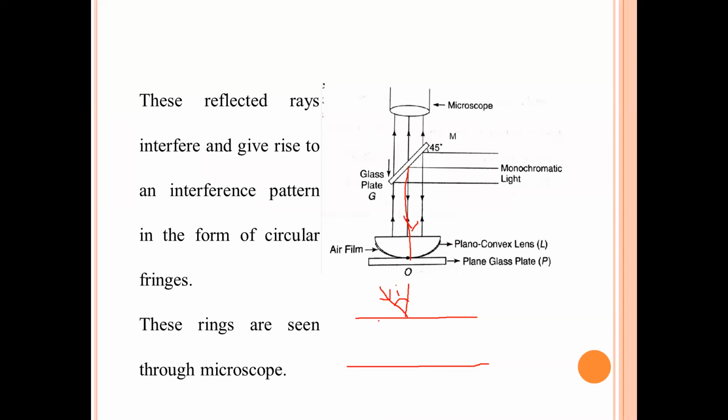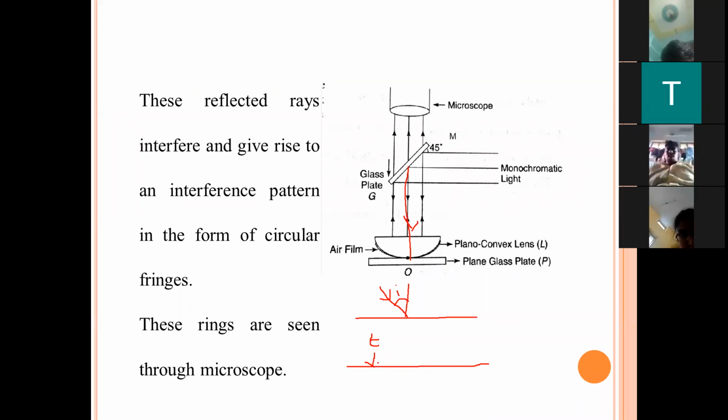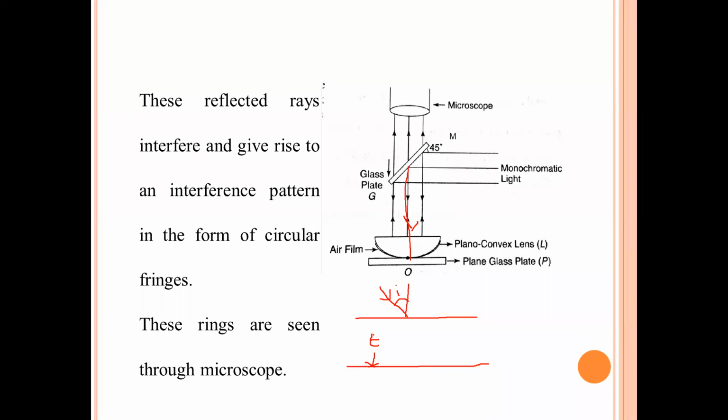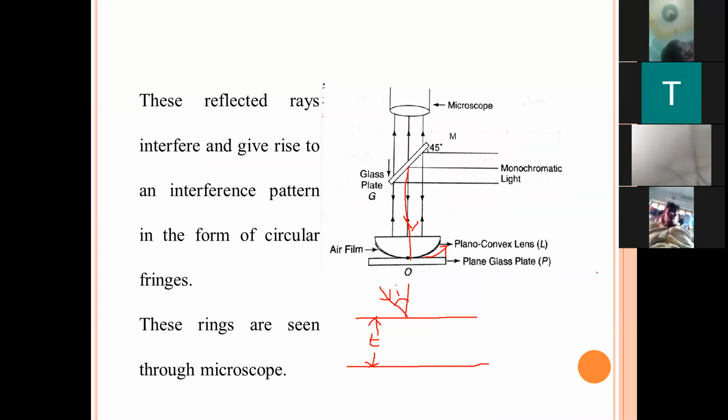In thin films, between the two plates, the thickness is the same, some thickness t, throughout between the two glass plates. Whereas in Newton's rings experiment, the gap between the plano convex lens and the glass plate gradually increases in thickness of the film.